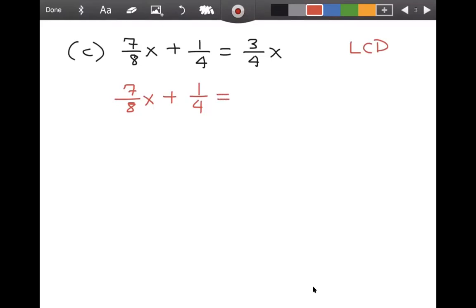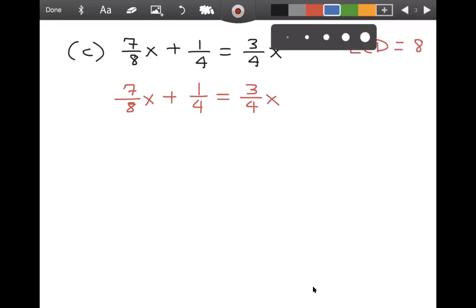Just imagine that you were trying to add these 3 terms together. That's not what we're trying to do. But if it was, what would all of those denominators have to be? I would need to make them all 8s, right? So that means that the LCD is 8.